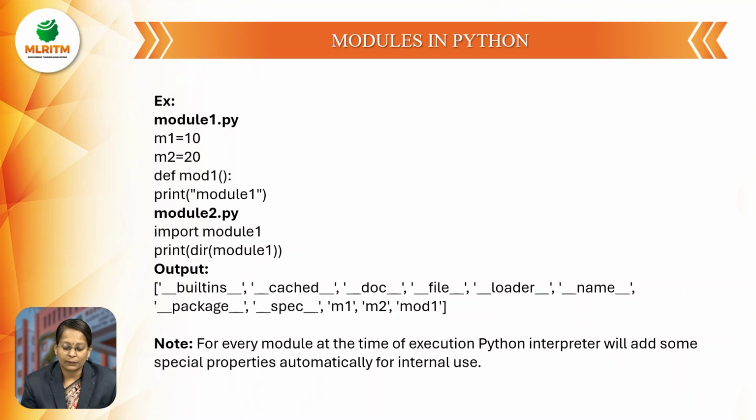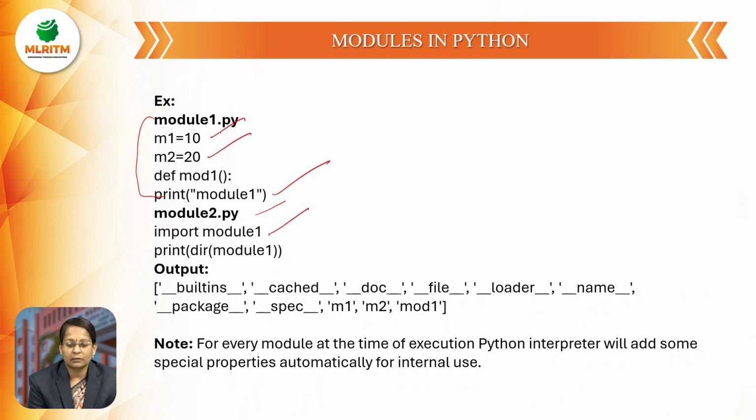Next example, module1.py: m1 = 10, m2 = 20, def mod1 print module1. Next, module2.py, in which I am importing module1.